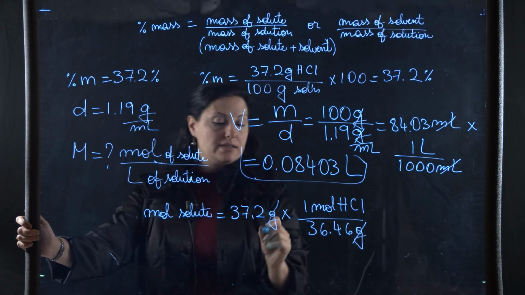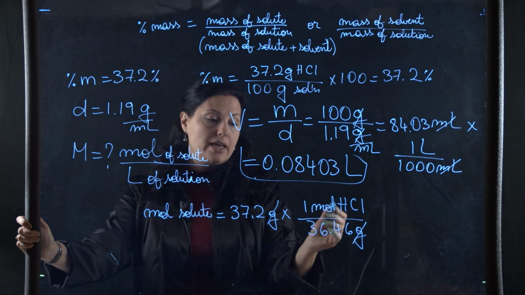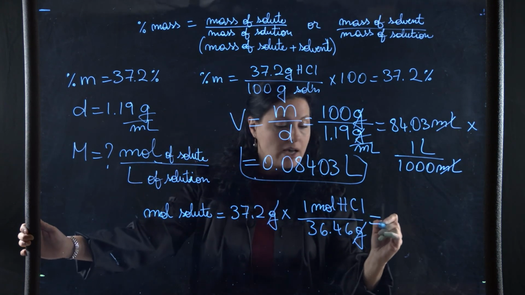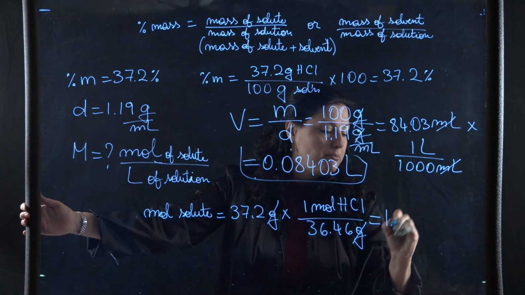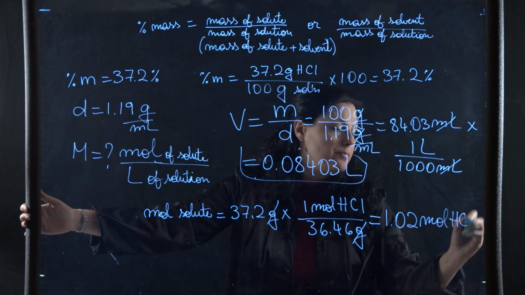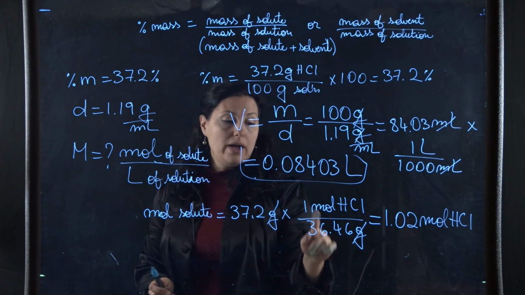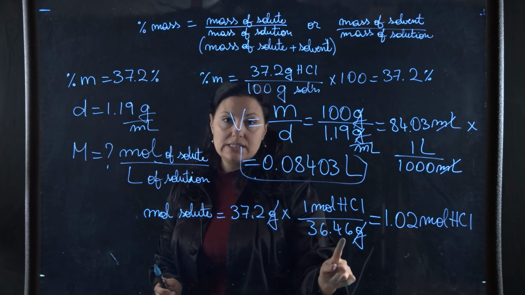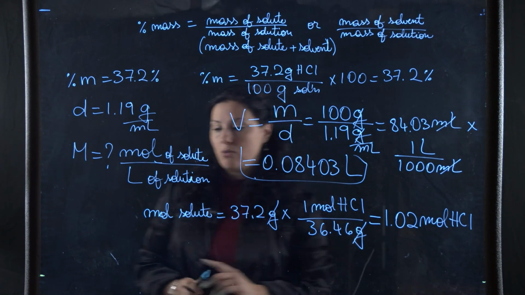My grams will cancel, so I end up dividing by the mass in grams, and I have the moles left on top. That gives me 1.02 moles of HCl, of solute, which makes sense, right? One mole weighs about 36.5 grams, and I have 37 grams, so it's just a little over 1 mole.